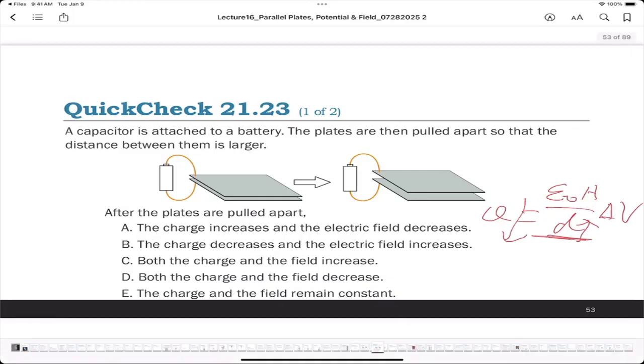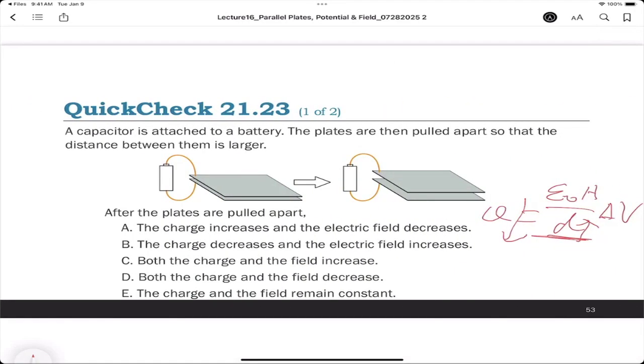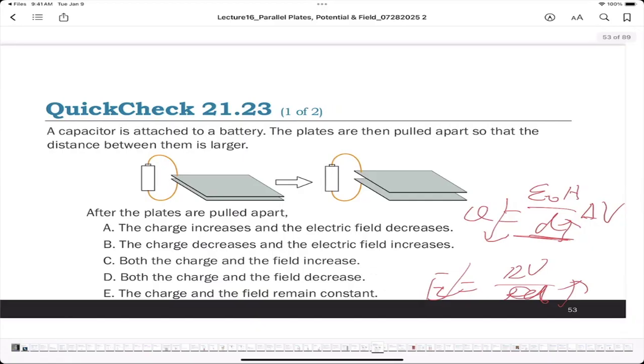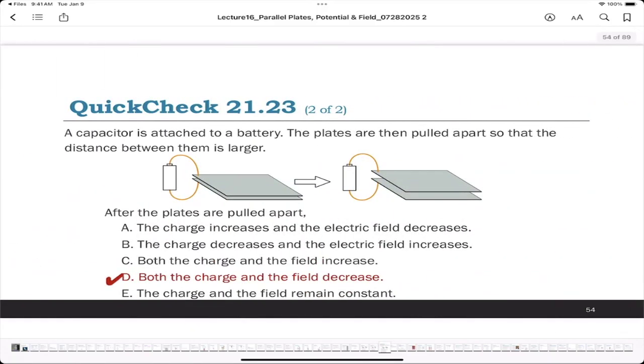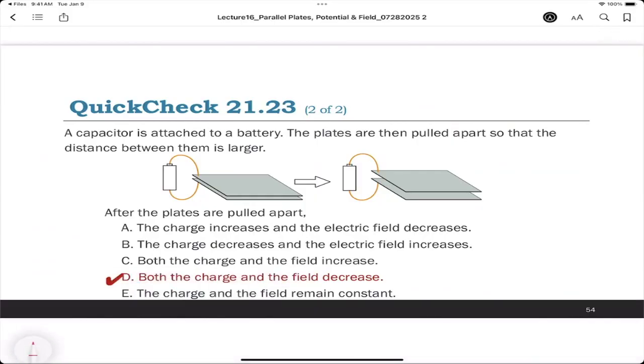That makes sense to you? The charge will decrease, and the field equals what? E equals delta V over D. So D increases, so the field decreases. So which means the answer is D. Does it make sense to you? This is the difference between this one and the last one: there is a battery.